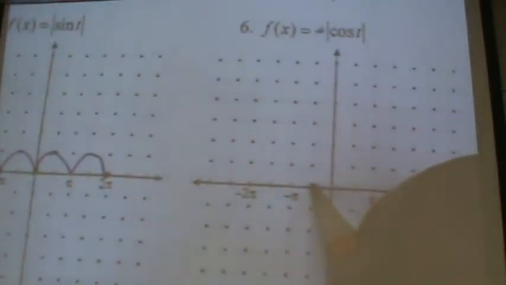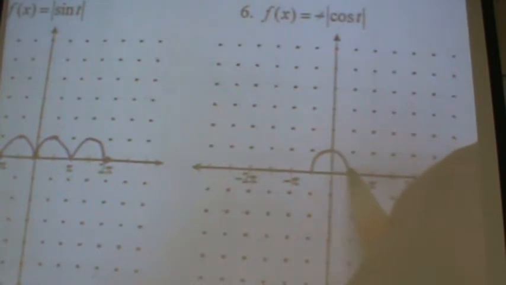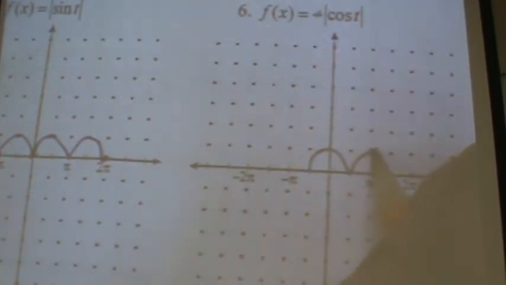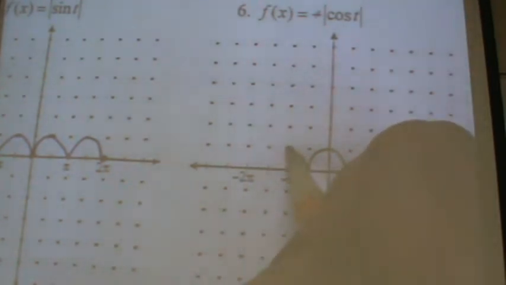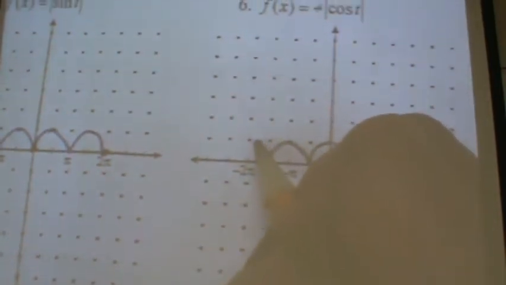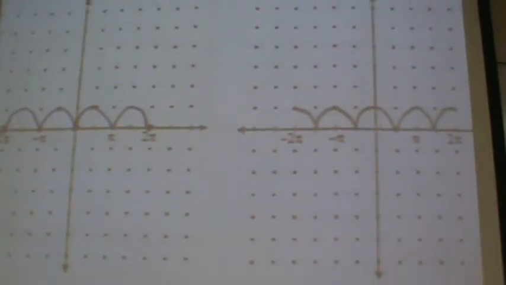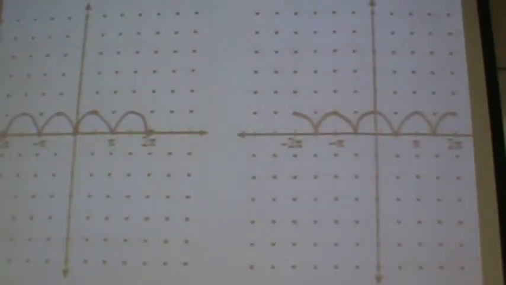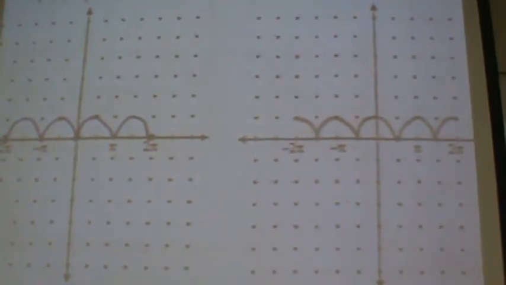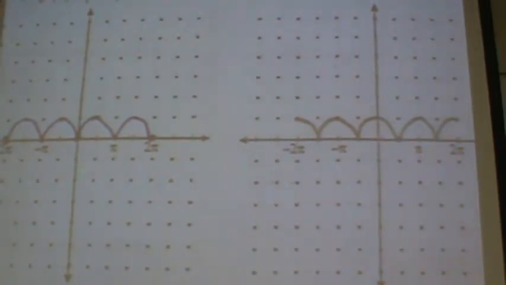This one looks like this. See if you can understand, see the difference. So, what's the major difference between these ones? That's if they were both positive cosine. What do you notice about these hills?